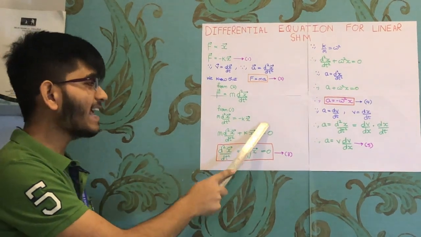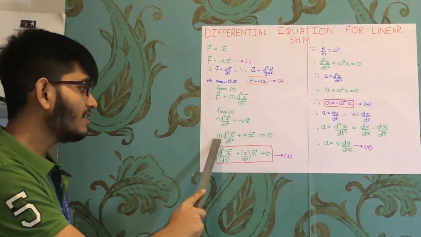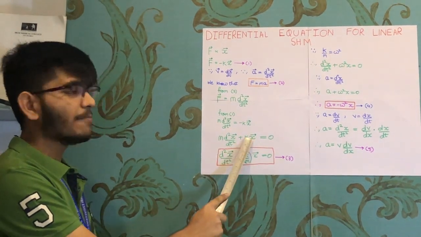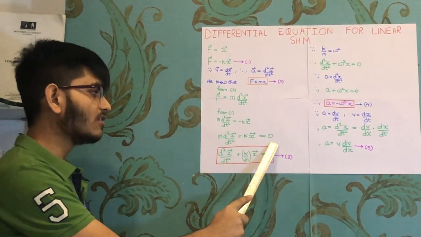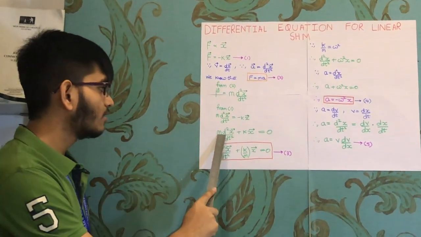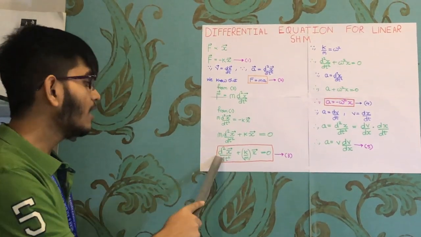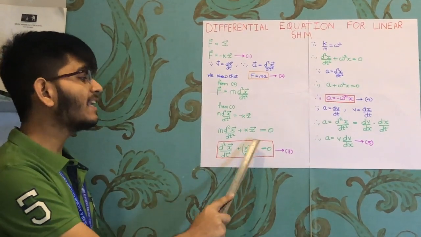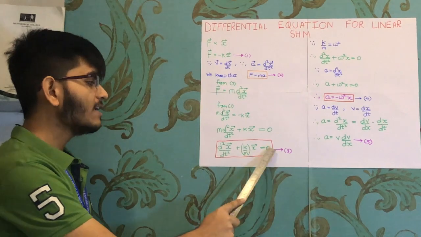Taking minus kx bar on the left hand side, we get m d square x bar upon dt square plus kx bar is equal to 0. Now let's divide by mass. So it will be d square x bar upon dt square plus k by m x bar is equal to 0.